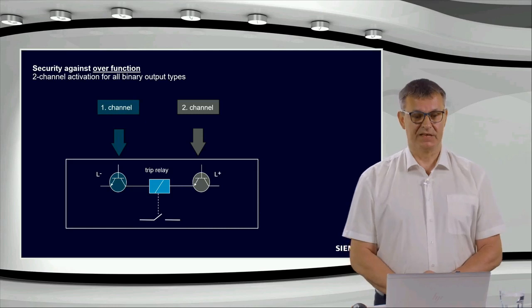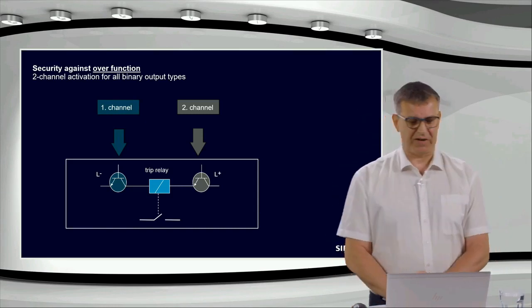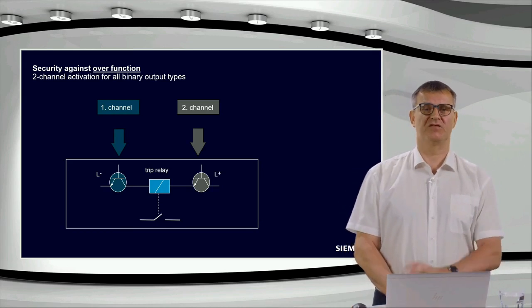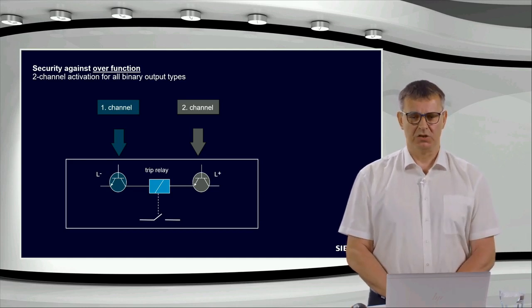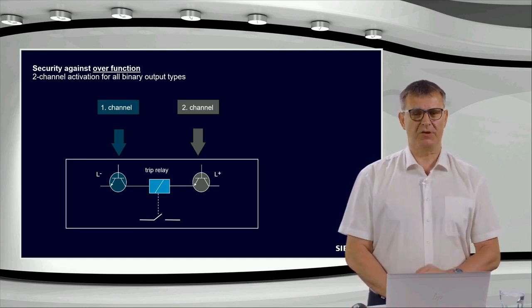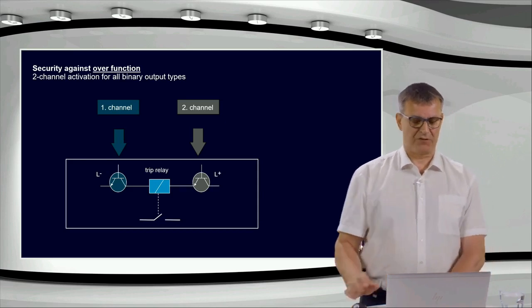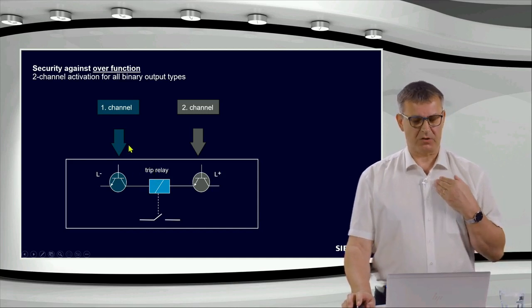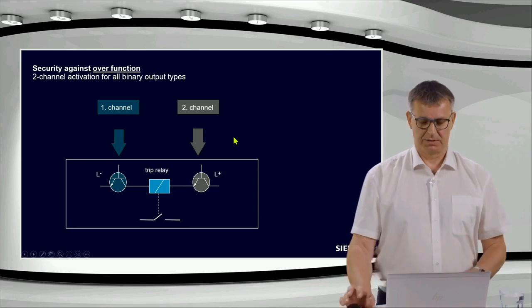Security against overfunction. In general, in our SIPROTEC 5 hardware, we are using a 2-channel activation for all binary output types. That means both for the normal binary outputs and also for the type F binary outputs. So we have here the trip relay, and it can be activated only if the 2 channels are activated.